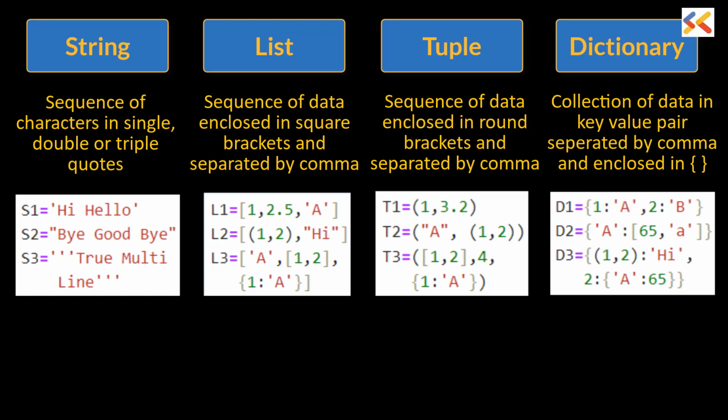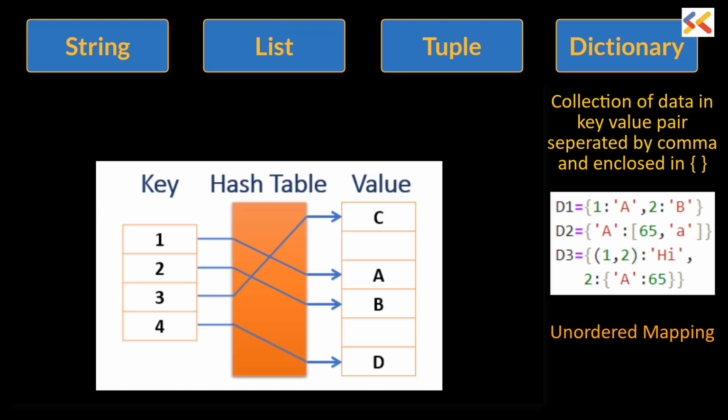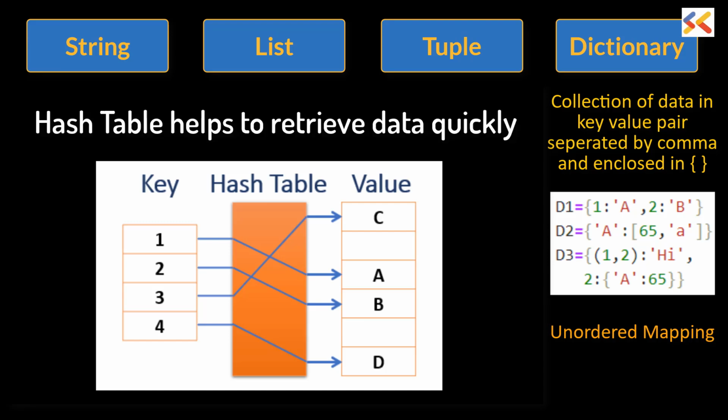Now string, list and tuples are ordered sequences, meaning they have data which is in order, first, second, third and so on. But dictionary is an unordered mapping. Since it has a key and value pair, it stores them in a hash table. A hash table is nothing but a way to store data which helps to retrieve values quickly using a key.